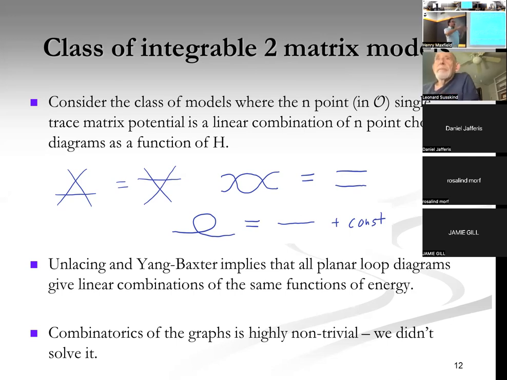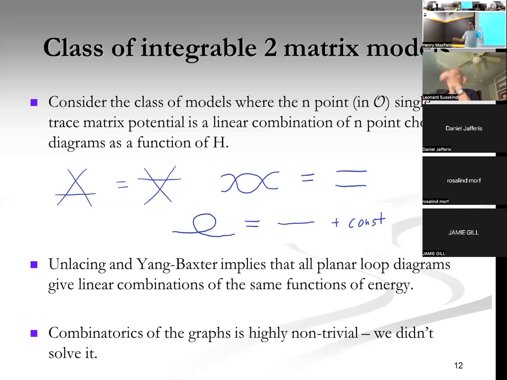And so the most general model we could imagine that's of this class is one where the endpoint, I only count powers of O, not powers of H. So the thing that involves n O's. So the term, the single trace matrix potential with n O's is, as a function of energy, a linear combination of the endpoint chord diagrams with some arbitrary coefficients.